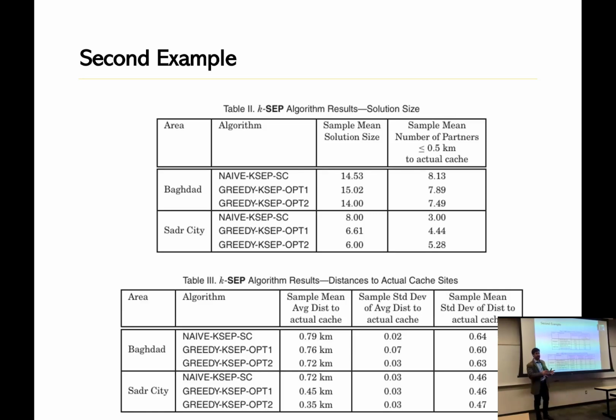Rather, we had, hey, you have locations on the ground, what is the number of locations that were within half a kilometer from an actual weapons cache. And then to go along with that is the mean size of the solution. So we could do this for multiple data sets, again, another domain specific thing.